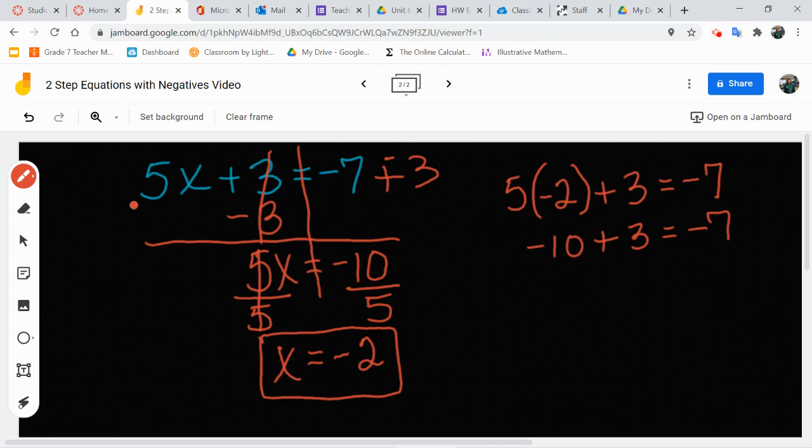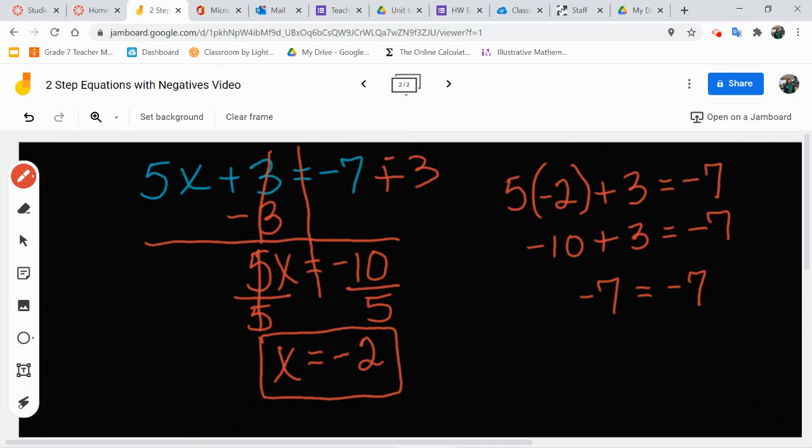Again, you cannot add those two numbers together. They have different signs. They go different directions on the number line. So we have to subtract because remember, they cross over each other. So 10 minus 3 gives me 7. I go back up to see which is the longer line or which I have the most of. I have 10 negatives, 3 positives. So it's a negative 7, and that does equal negative 7. So x is equal to negative 2.